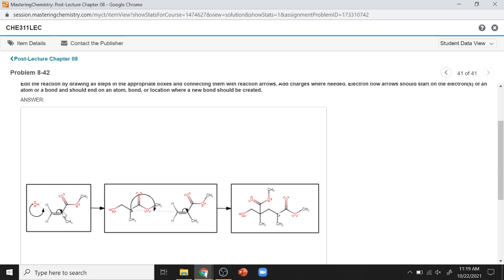Well, not a carbocation, but a carbanion, right? Okay. So this spot right here, I'm sorry, not the H, the carbon. This spot right here is going to have the OH attached to the carbon. That's going to leave a negative charge on that carbon right there.